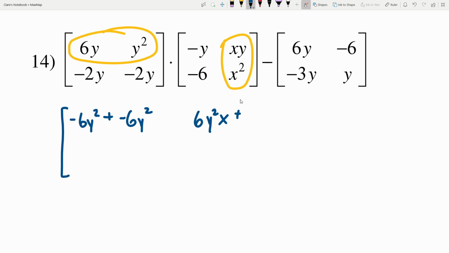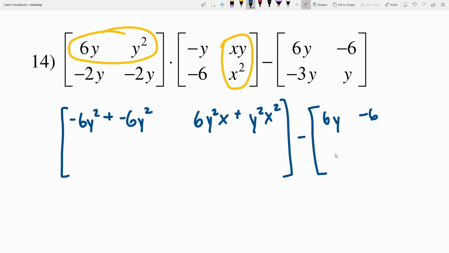And then I'll be adding that to y squared times x squared, which is y squared x squared. And remember, we're going to be subtracting 6y, negative 6, negative 3y, y, which I'll just quickly rewrite.